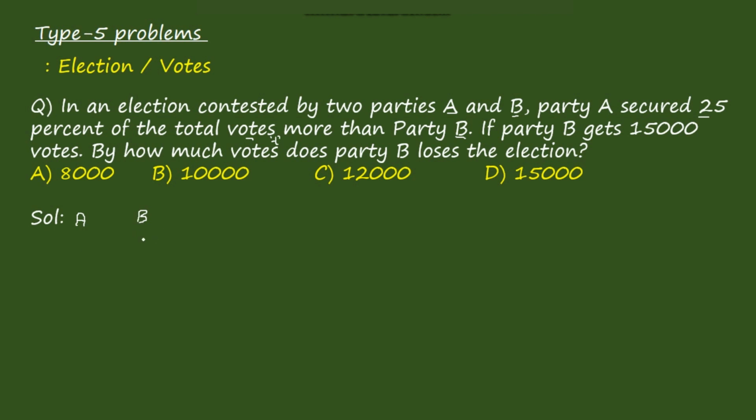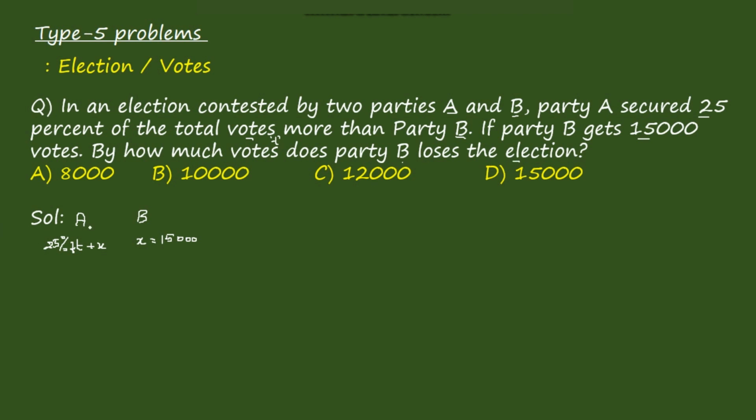If you consider B's votes as X, then A would be securing 25 percentage of total votes plus X. Again, they are saying party B gets 15,000 votes. They have given the X value as 15,000. Again, they are saying by how many votes does B lose the election.